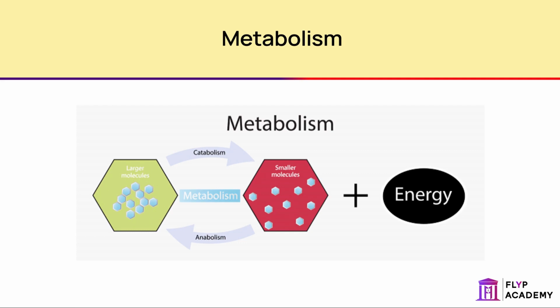Metabolic reactions also include the breakdown of large molecules into smaller ones: the breakdown of complex carbohydrates into simple sugars, proteins into amino acids, and lipids into fatty acids and glycerol is important in digestion, allowing these molecules to be passed into the bloodstream and transported to be used inside the cells to build different large molecules.